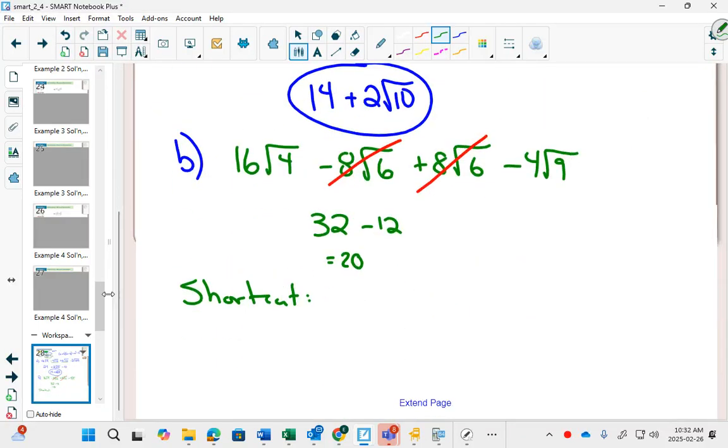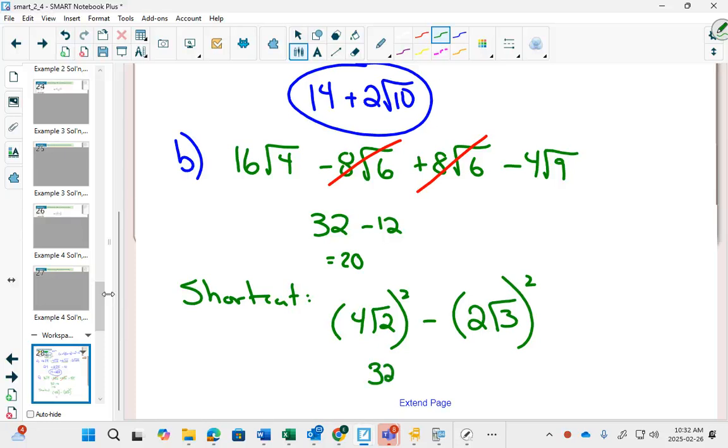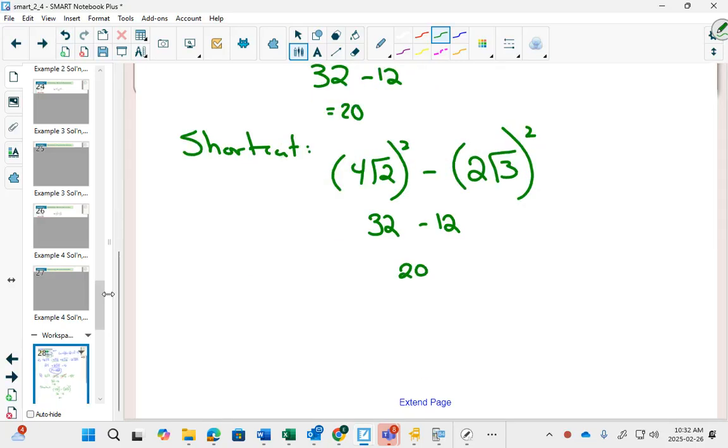So the shortcut, I could have written 4 root 2 squared minus 2 root 3 squared. And if you square 4, you're going to get 16. You square root 2, you're going to get 2. This will be 32. Square 2 will be 4. Square root of 3 will be 3. 4 times 3 is 12. And you'll get 20 that way as well.